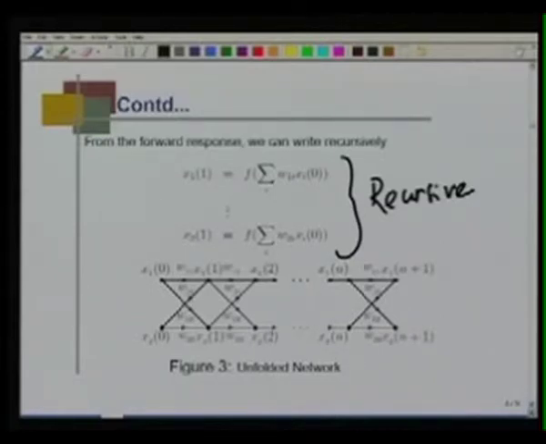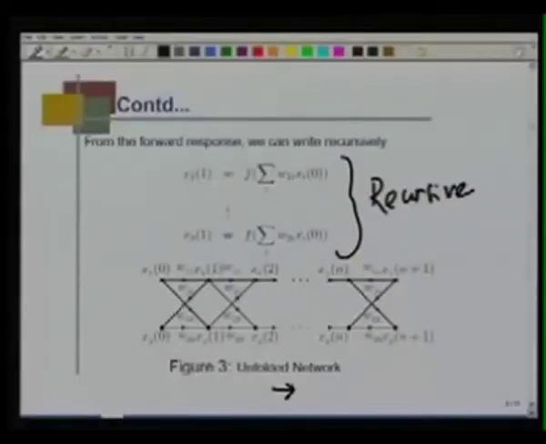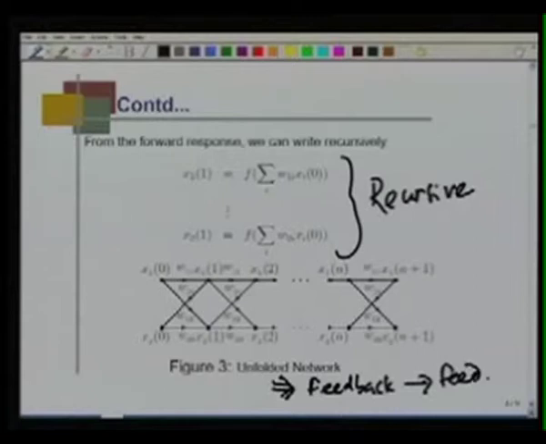What is the objective here is that we convert a feedback network to a feed forward network. So, unfolding network means convert a feedback network to feed forward network, that is the objective of unfolding.